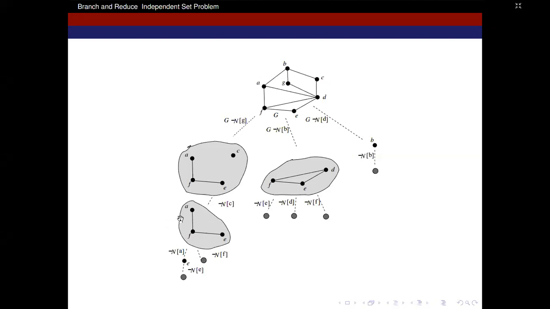So we take this one as a maximum independent set for this instance. And similarly, we get a maximum independent set of these instances, and finally, among these 3 maximum independent sets, we choose the largest one, and we get the maximum independent set of this graph.